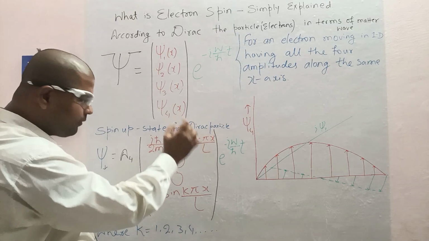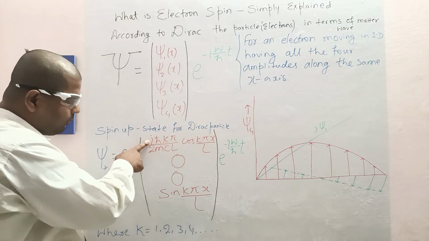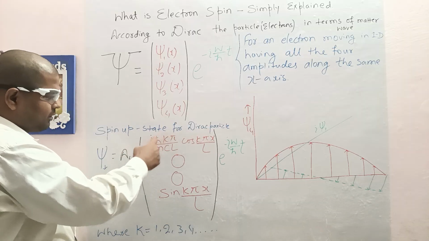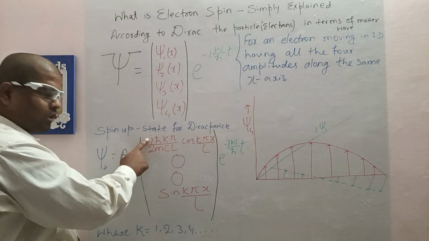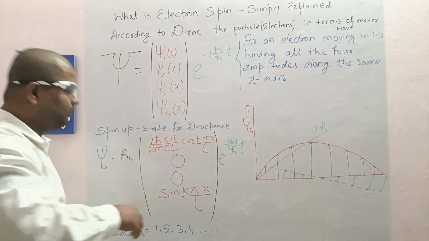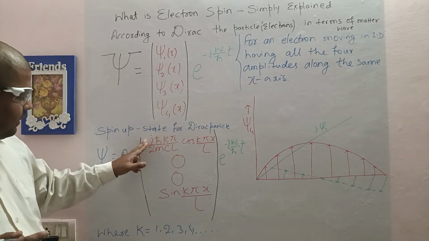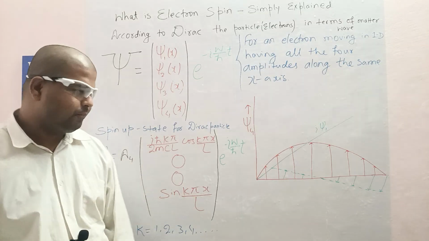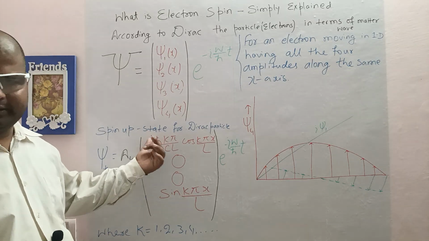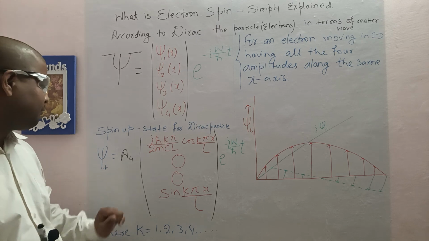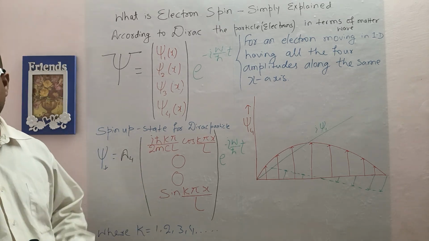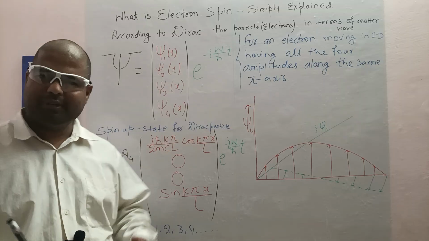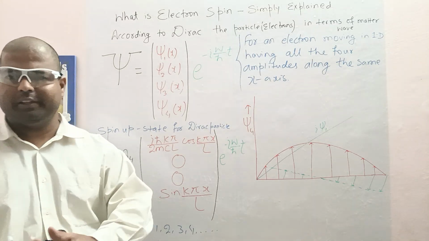It is the function of cos. It is also an imaginary term. It has some constants, h cross k pi by 2mcl, with i as the imaginary number. This imaginary number suggests something here. What does it suggest? Can you guess? Imaginary i attached to this function means this function is least important in our behavior.